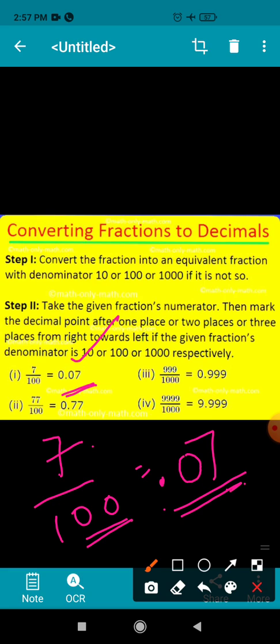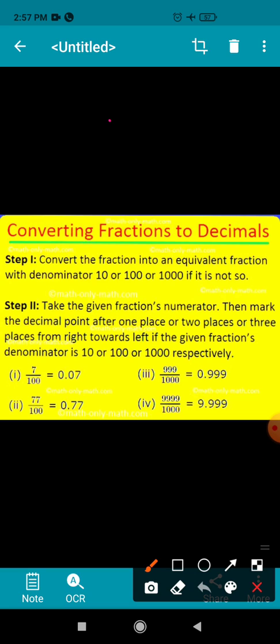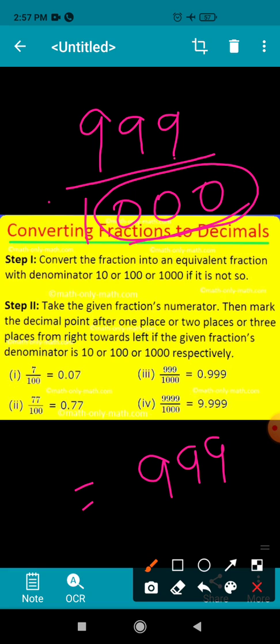Okay. Now, in the second example, you can see the fraction is 999 upon 1000. Right? Here in denominator there are 3 zeros. So, you will take 3 digits in the numerator and put point before these 3 digits.